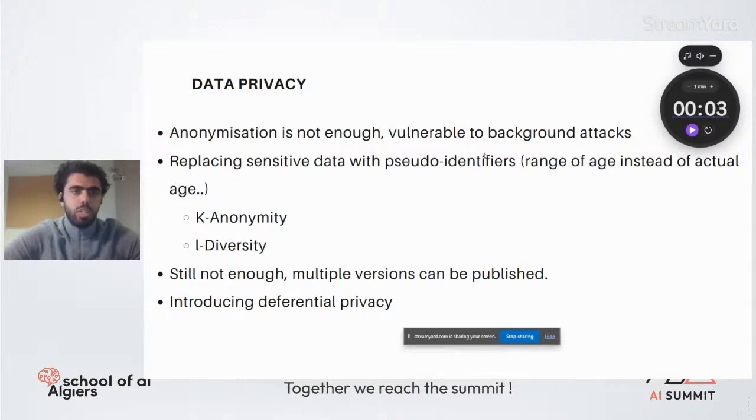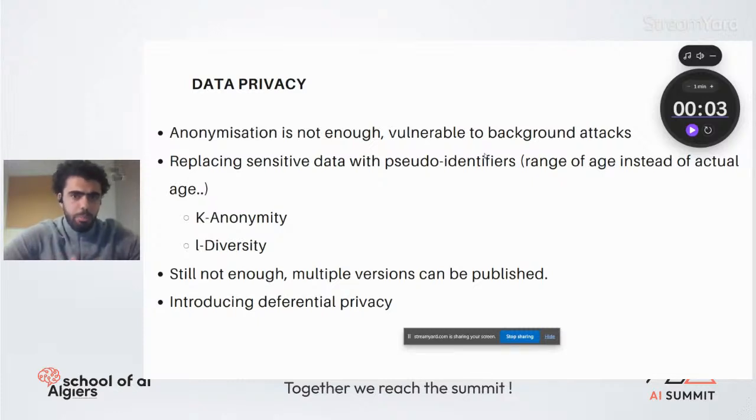This way, we make sure that in one group we have enough diversity that even if an attacker identifies that an individual exists in that group, he cannot identify with confidence his symptoms or anything about his private data.